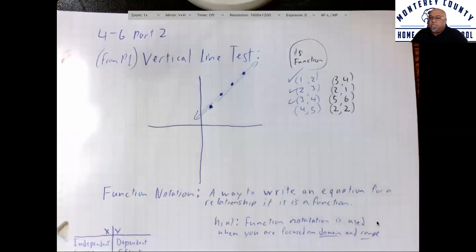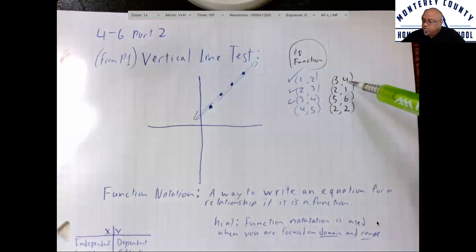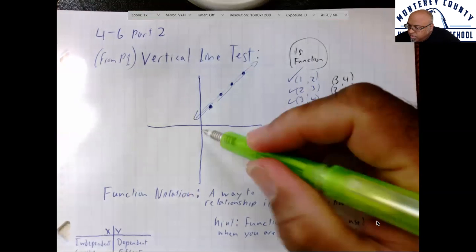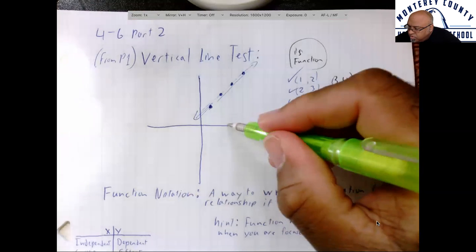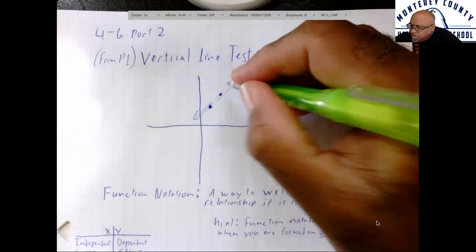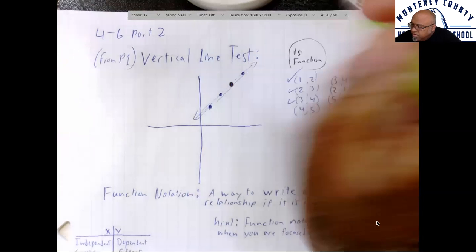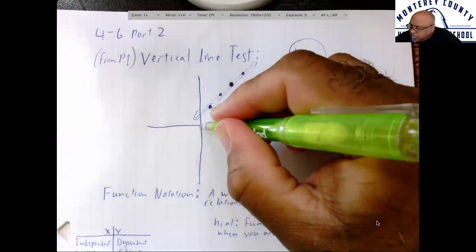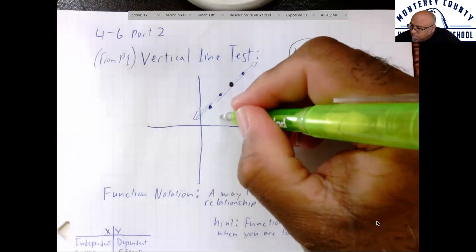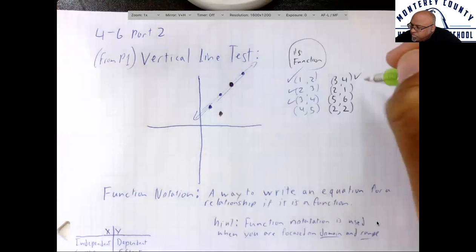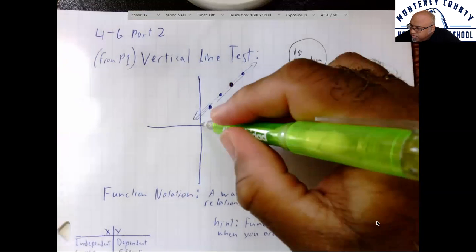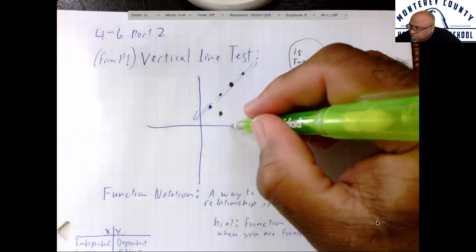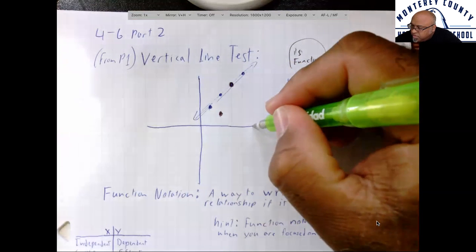Now, let me go ahead and do this next line. I have the point 3, 4, so it'd be 3 over, 1, 2, 3, and then 4 up. Hey, it shares a point here. Now I have 2, 1, so go 2 over, 1, 2, and then 1 up. Then I have 5, 6, so I go 5 over, 1, 2, 3, 4, 5, and then 6 up.